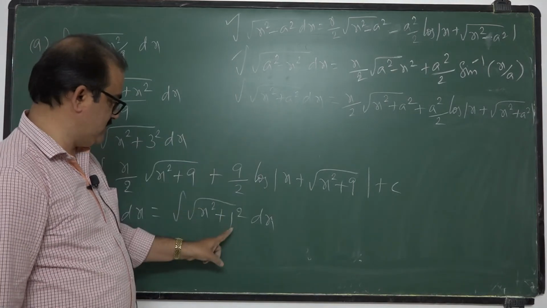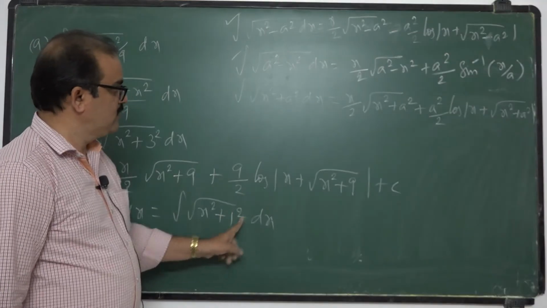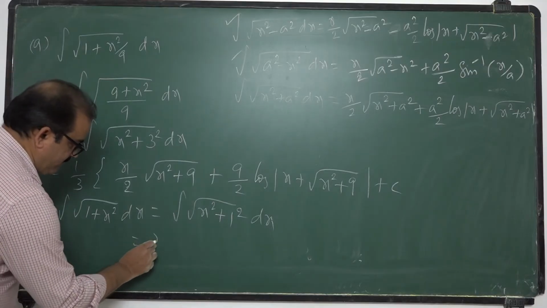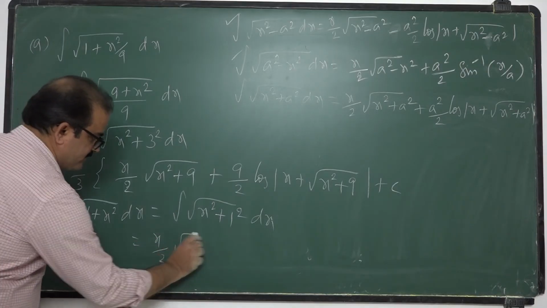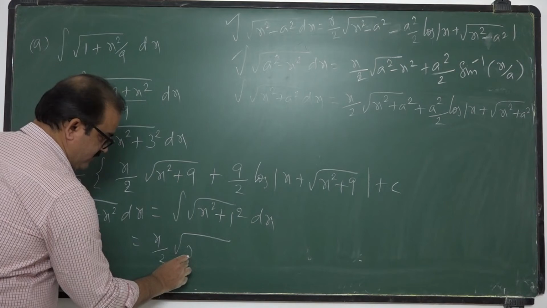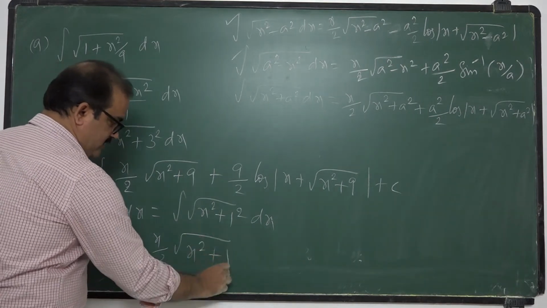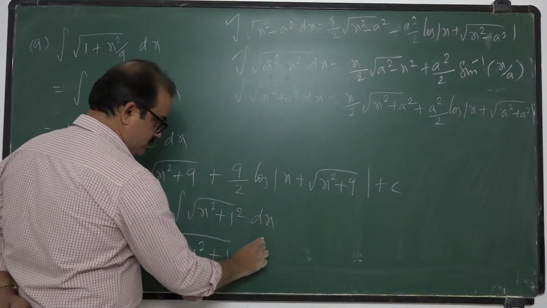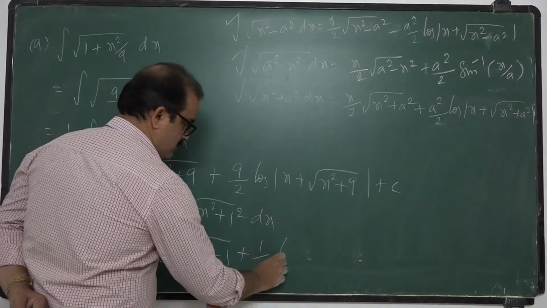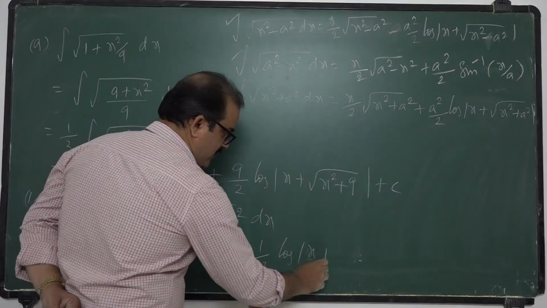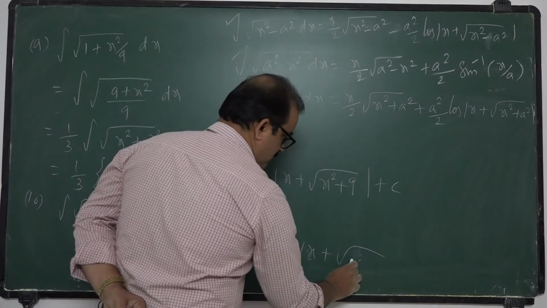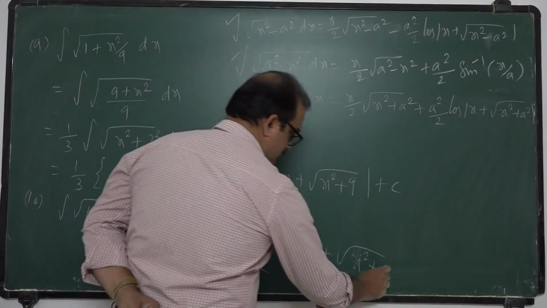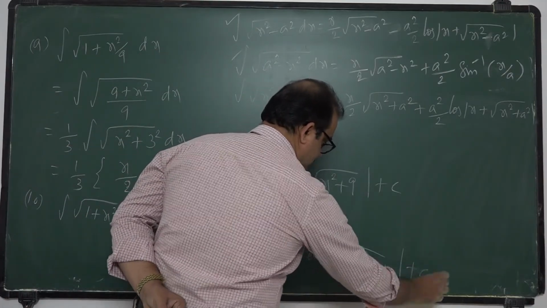In place of a, here it is 1. So from this formula it is x/2 into root of x square plus 1 square, plus 1/2 into log mod x plus root of x square plus 1, plus c.